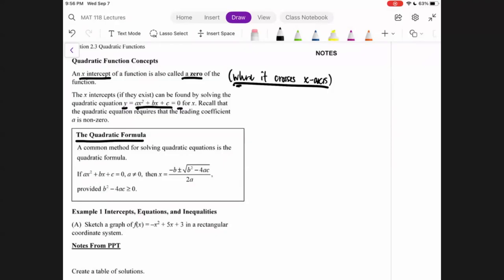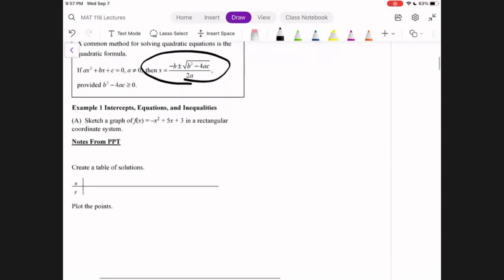So therefore, it's where you cross the x-axis because that is where y is 0. Then how would you solve this, right? So you probably have done this many, many times in high school. You use the quadratic formula to solve a quadratic for when it equals 0. And that is the equation there. Okay. So you can do this if you'd like for some of the homework questions if you have to find the x-intercept. Okay.